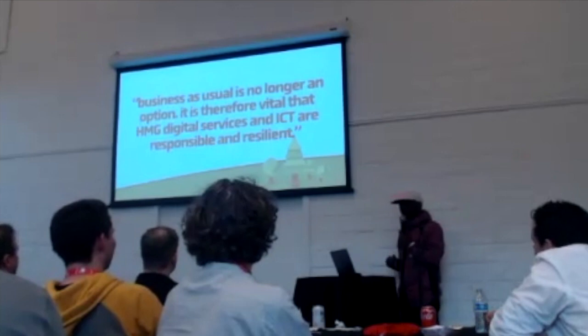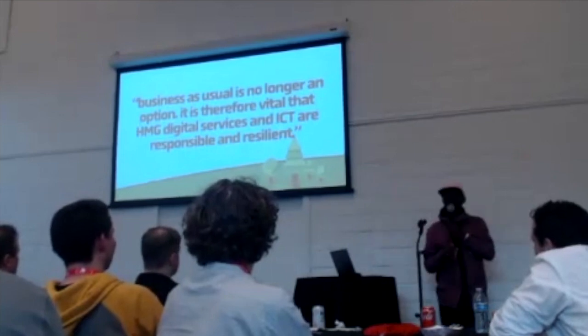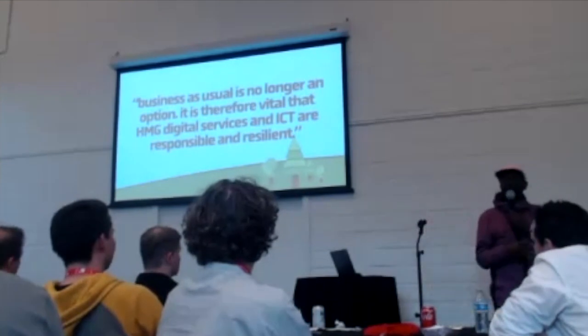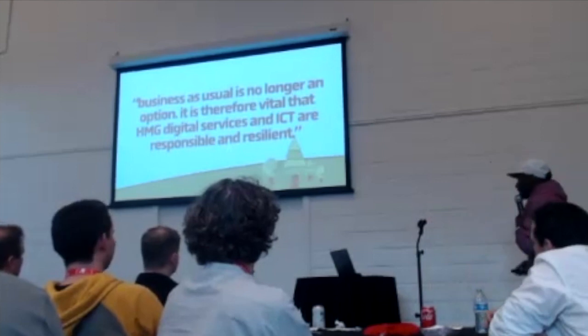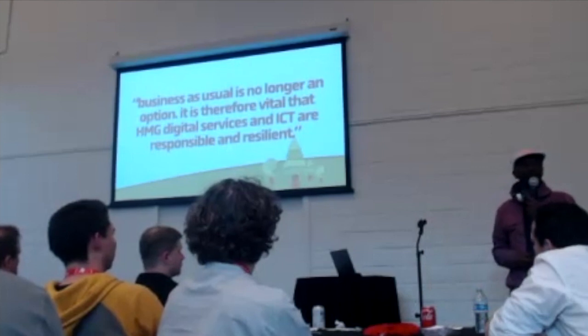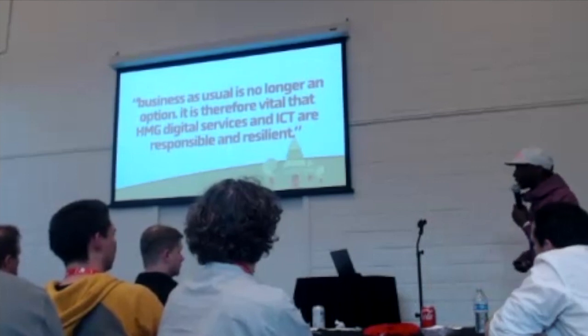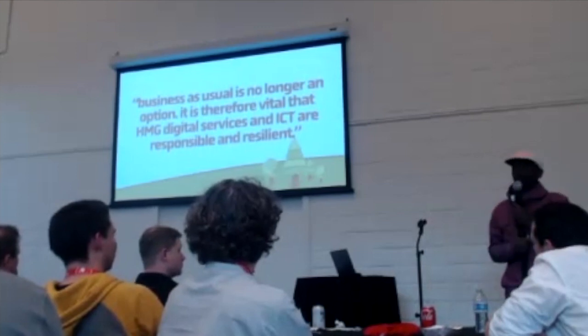It is therefore vital that Her Majesty's government, digital services, and ICT are responsible and resilient. They are making sure that moving forward, they want to be as green as possible. And that includes digital services, and that includes procurement. So agencies that they're partnering with, if you're not disclosing some initiatives around sustainability, they're not working with you.